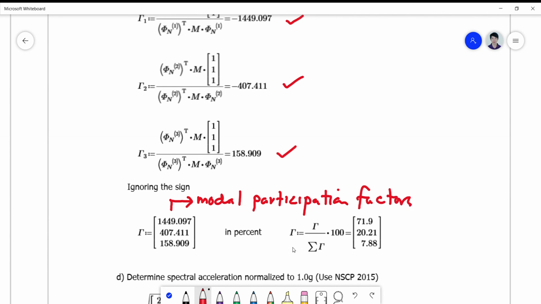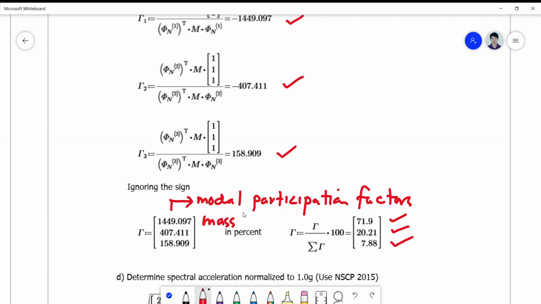In percentage you can get 71.9, 20.21, over 7.88, which means that your first degree of freedom here, or your mass here, contributes 71% as far as the effect of the distribution of your modes is concerned. That's why sometimes this is called the modal mass participation factor.